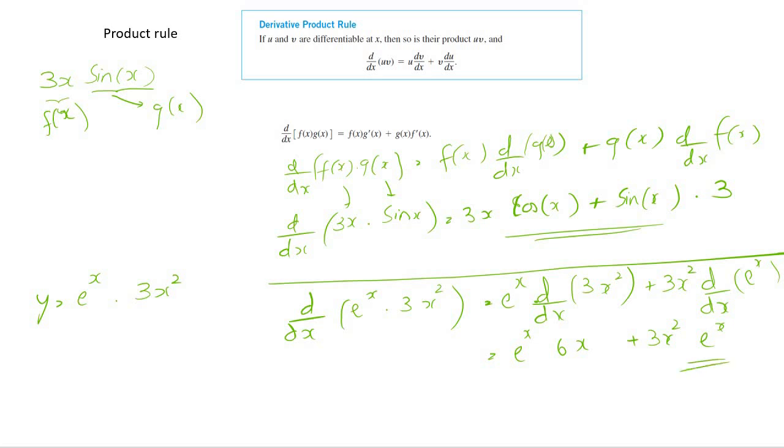Having said that, we will next look at different variations of the derivative of the function e to the x. So we know that the derivative of the function e to the x is e to the x, but also it could be shown that the derivative of the function c times e to the x is c times e to the power x.